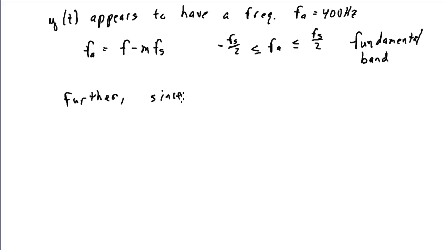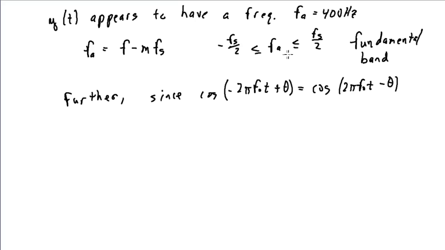Since cosine of minus 2 pi f0 t plus theta is equal to cosine of plus 2 pi f0 t minus theta, all frequencies in this negative frequency interval between minus Fs over 2 and 0 will appear to be sinusoids having frequencies between 0 and Fs over 2.